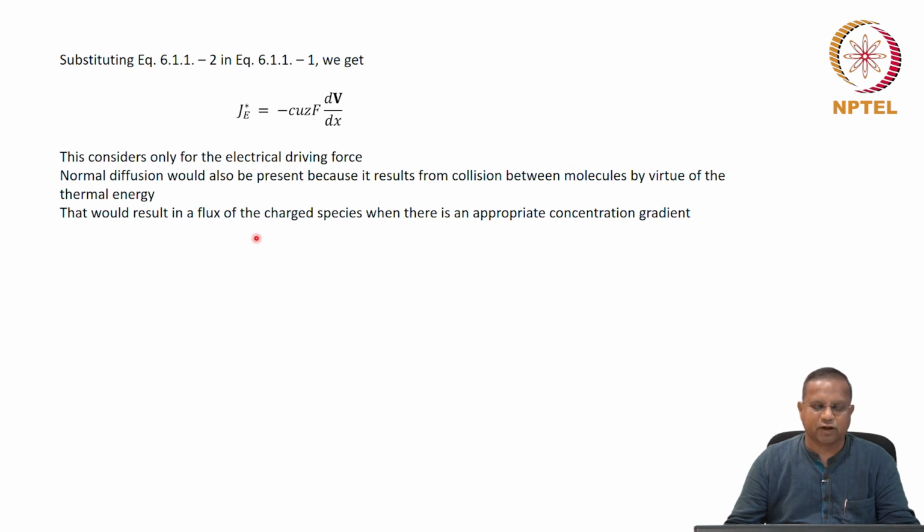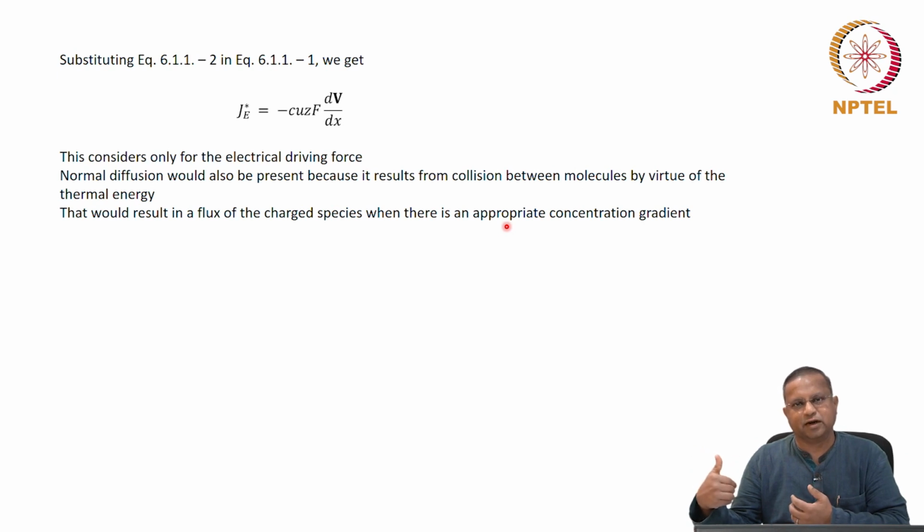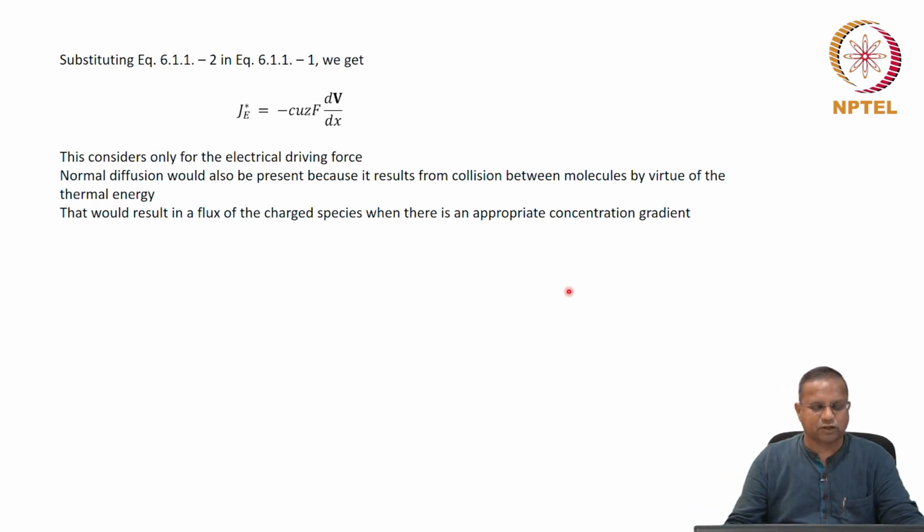That would result in a flux of charged particles when there is an appropriate concentration gradient. So if you have a concentration gradient in these systems, in addition to the electric field that is imposed, then you have motion due to both an electrical driving force as well as a concentration gradient driving force. So that's the situation here.